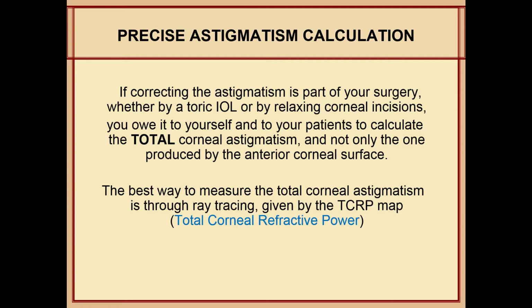So in my opinion, if correcting the astigmatism is part of your surgery, whether it's a toric or by relaxing incision, you owe it to yourself and to your patient to calculate the total corneal astigmatism, and not only the one produced by the anterior corneal surface. And the best way to measure the total corneal astigmatism is through ray tracing. It has been proven again and again, and it's given by the total corneal refractive power map.